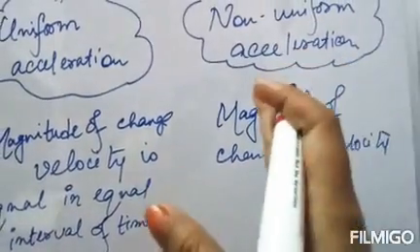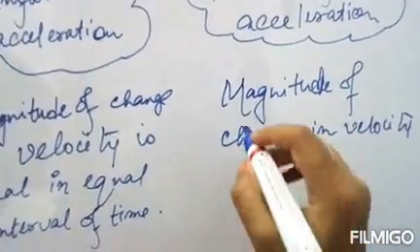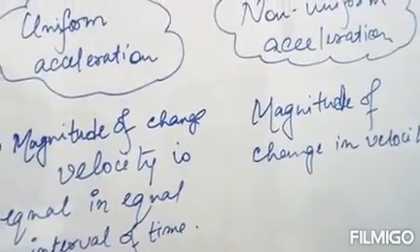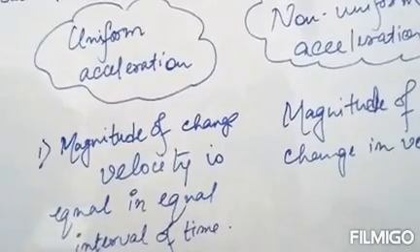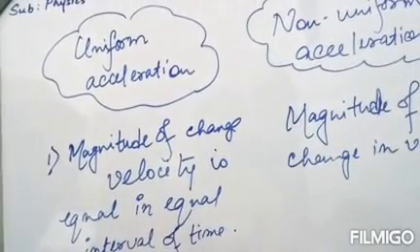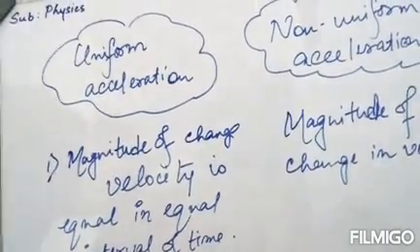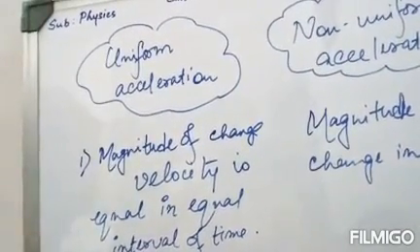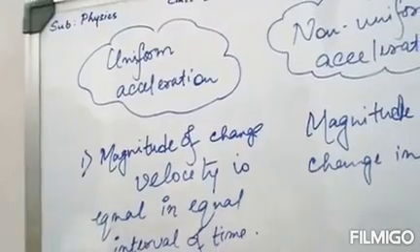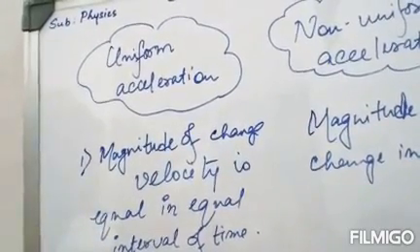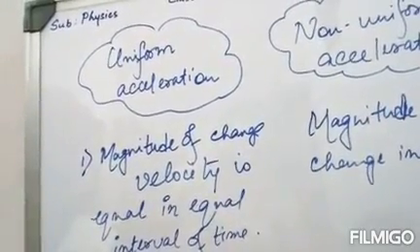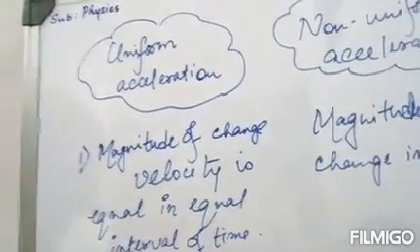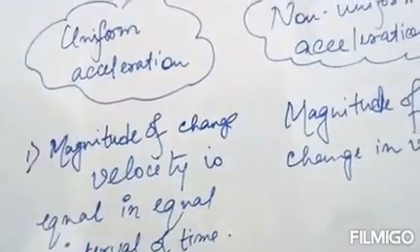I mean, suppose a car is moving and it is dropping some students, your friends and you all are riding in one car, and whenever your friend's house comes, one of your friends gets down from the car, and so it is happening after every 5 minutes. So in that case it will be uniform acceleration.